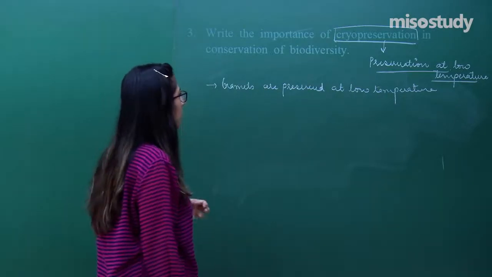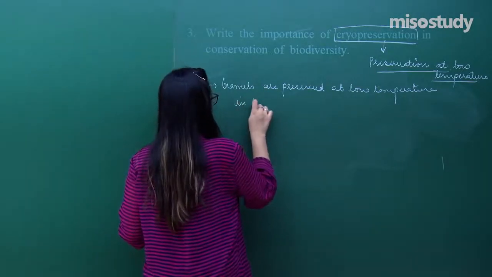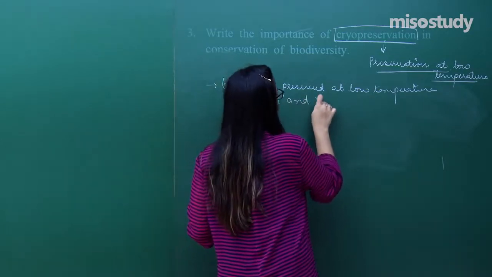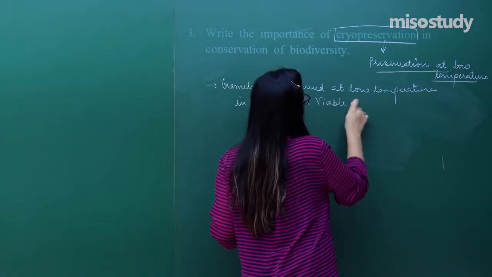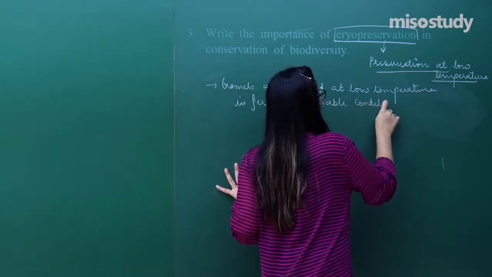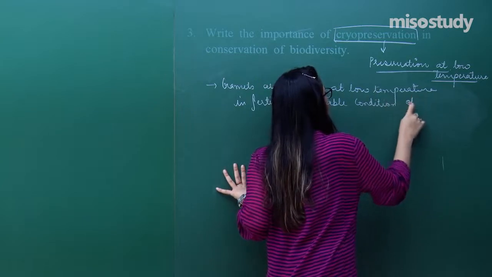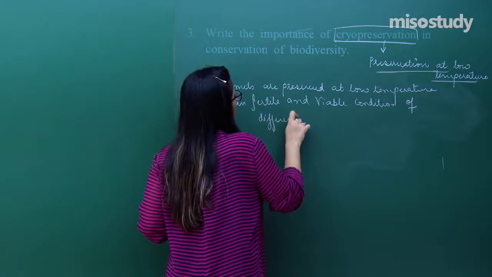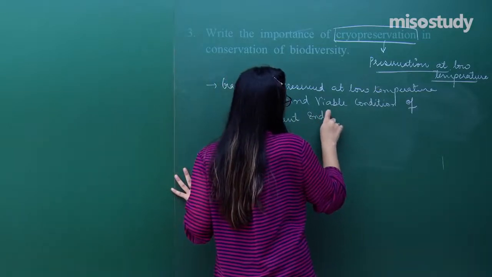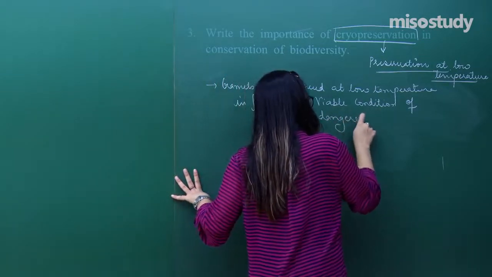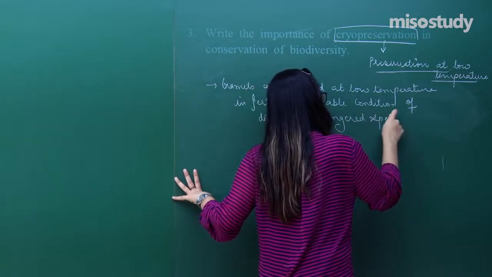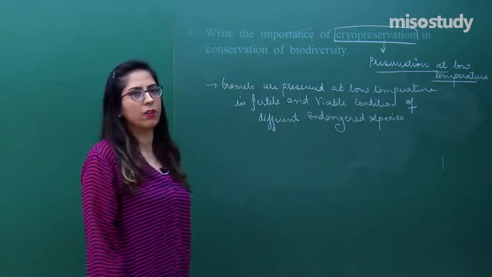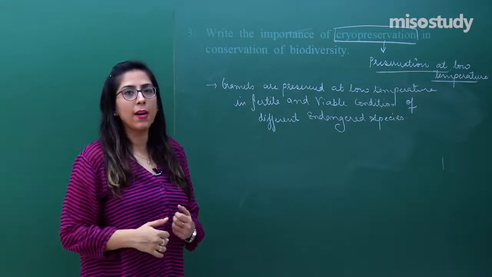So gametes are preserved at low temperature in fertile and viable condition of different endangered species. This is the importance of cryopreservation in conservation of biodiversity.